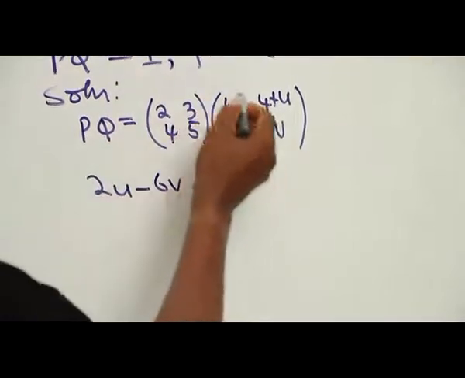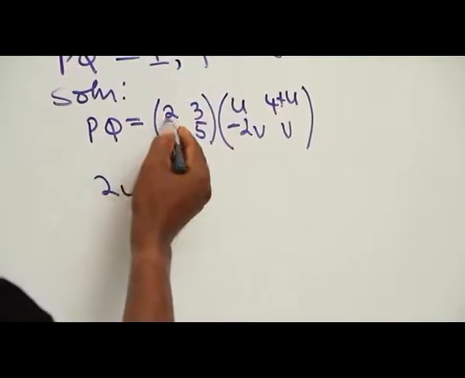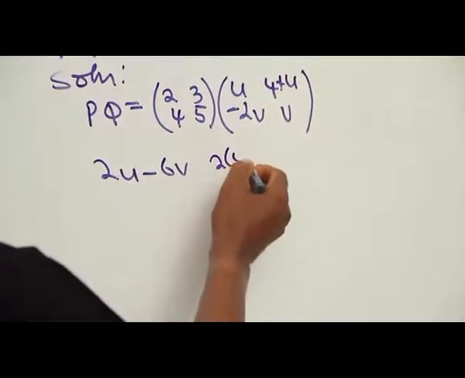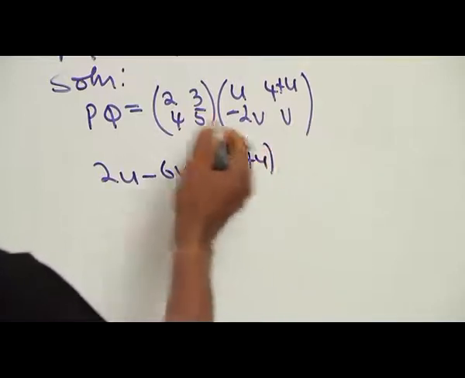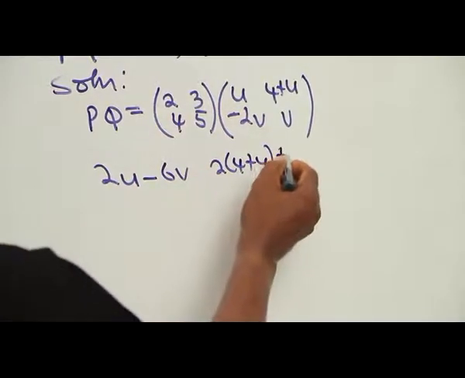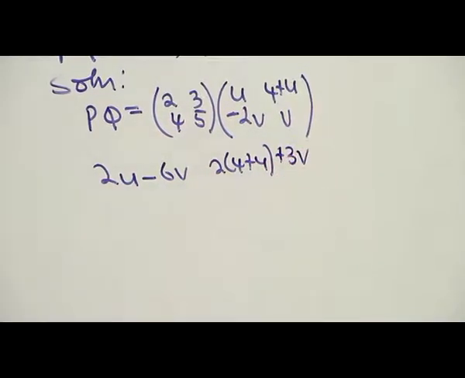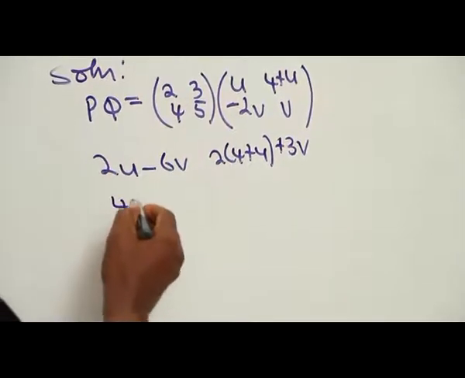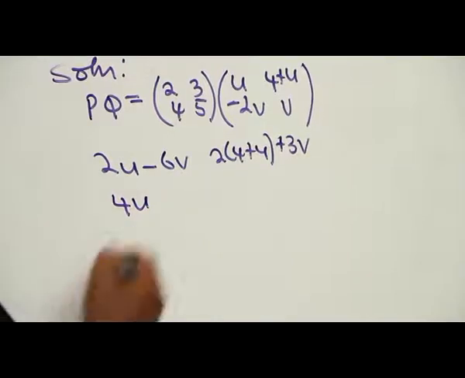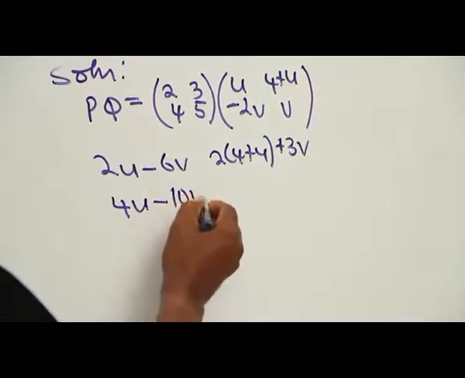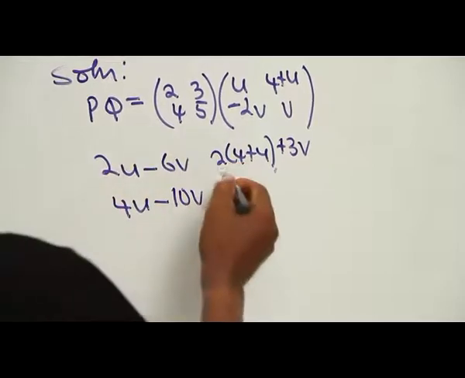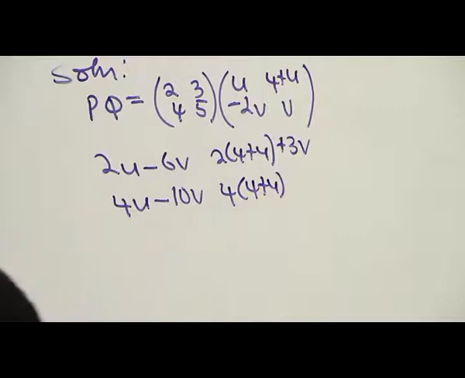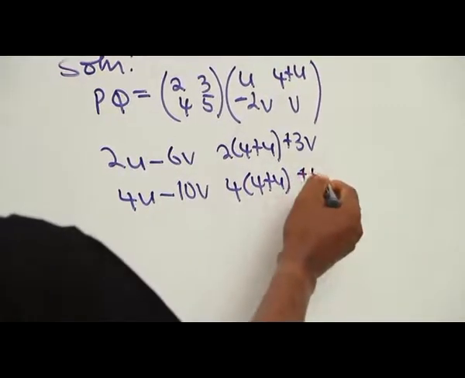That is first row, first column. We go to the next one: 2 times 4 plus U, and then plus 3 times V. Now we come to the second row: 4 times U, and then minus 10V. Then again you have 4 times 4 plus U, and then we have plus 5V.